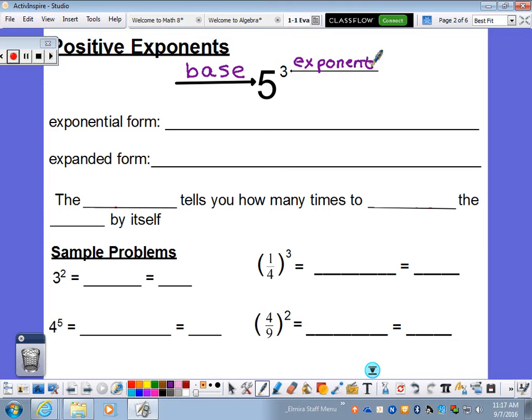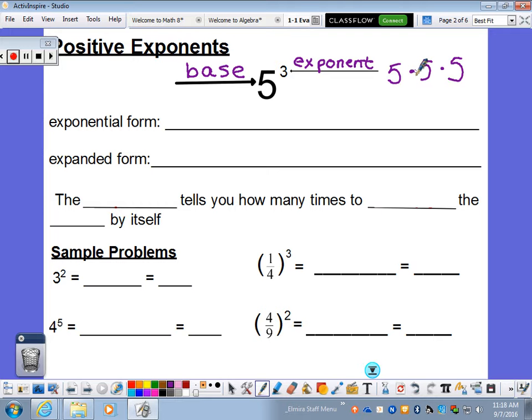Okay, basically what this means is that you're taking the 5 to the third power, means writing the number 5 3 times with multiplication signs in between. So 5 times 5 times 5. And a lot of people want to say, oh, that's 15.